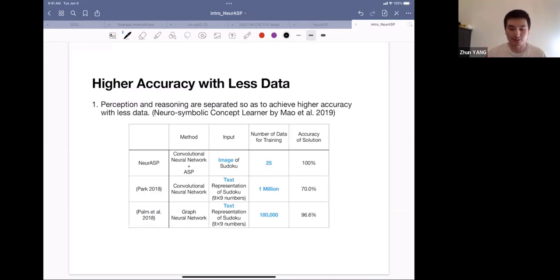In the perception part, we directly train the neural network to identify the given digits and empty cells. Although the neural network makes many mistakes, by adding the constraints we find the most probable prediction that satisfies all the constraints. And that can be done really quickly because the Clingo engine can find the optimal stable model really quickly.